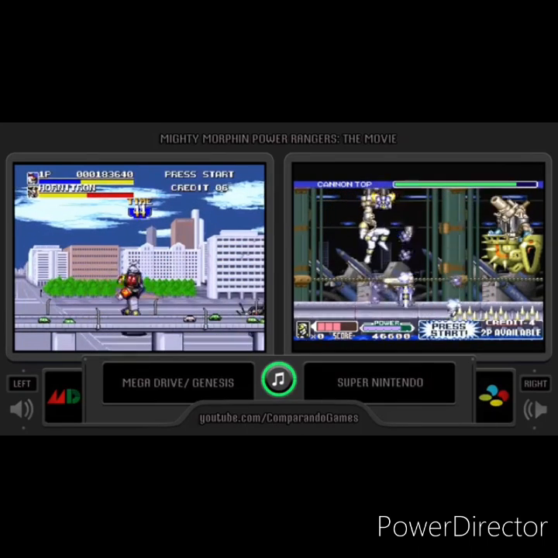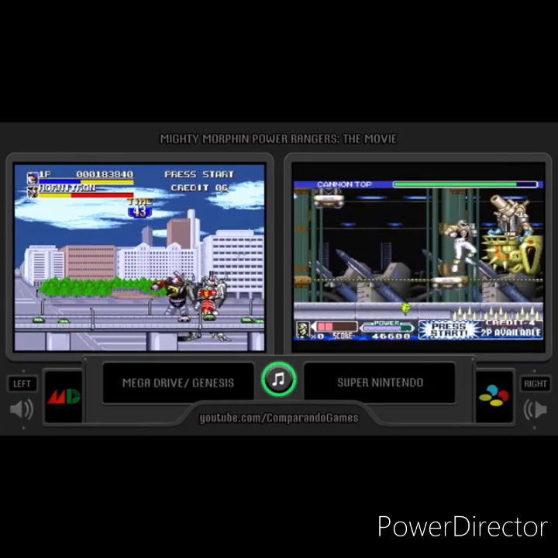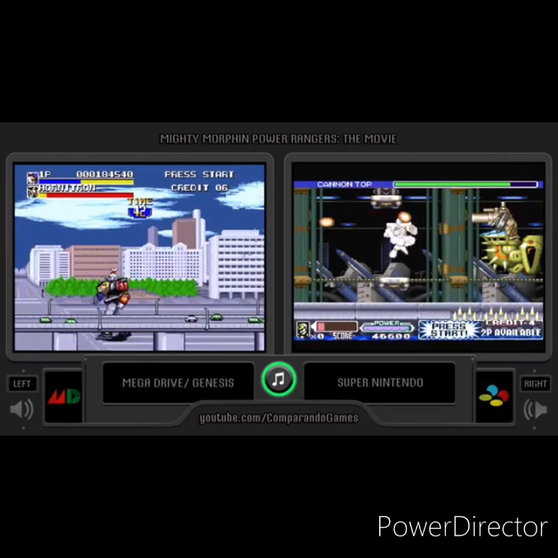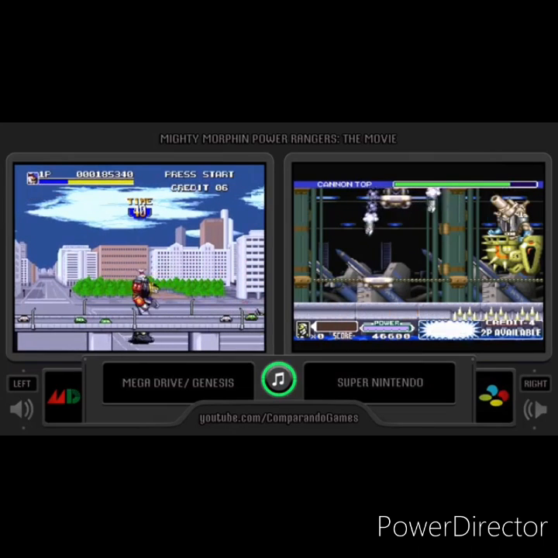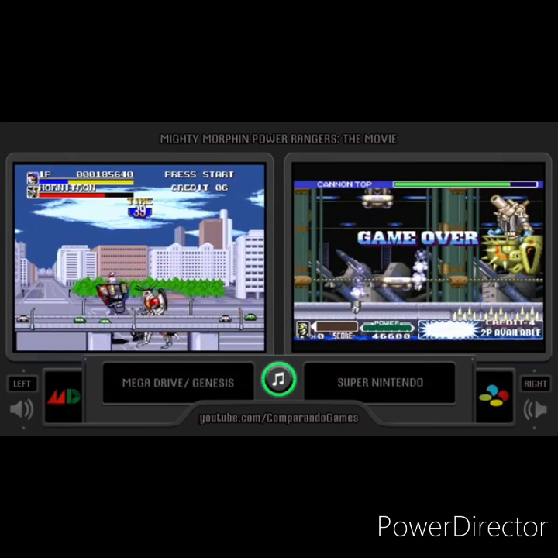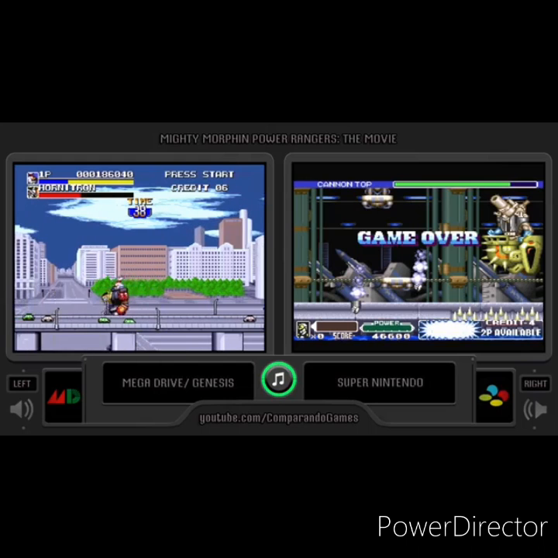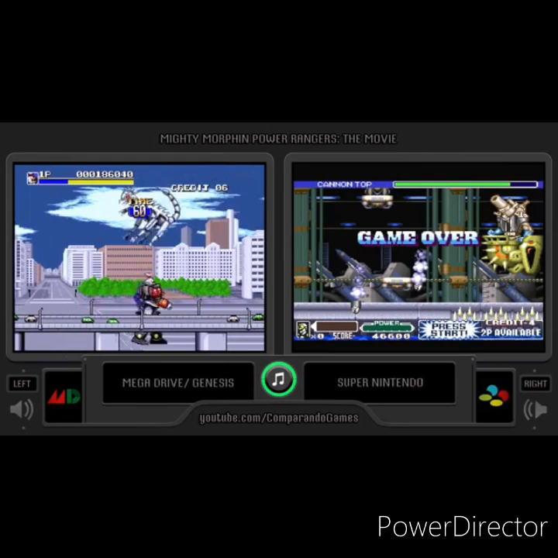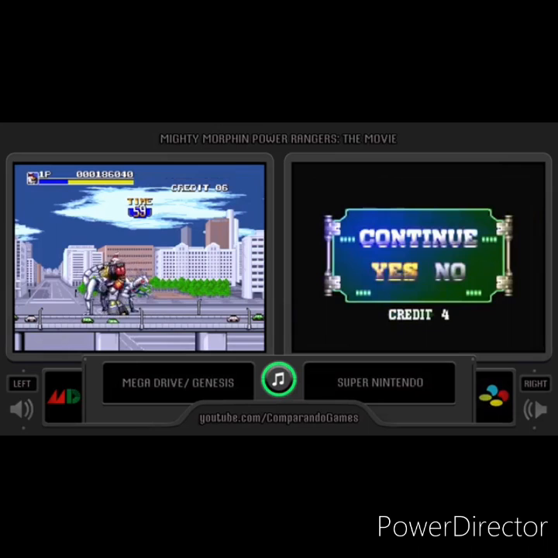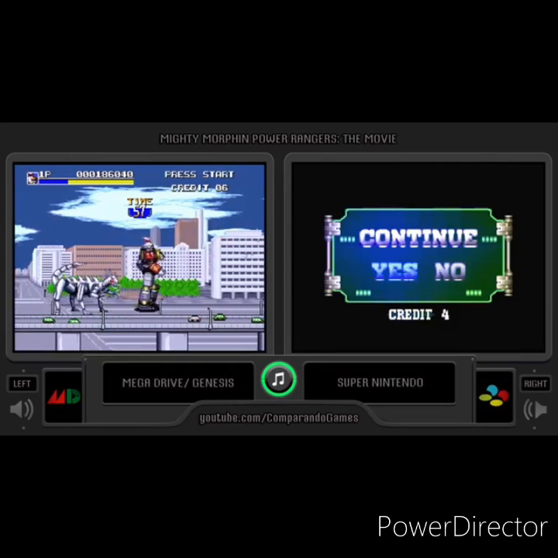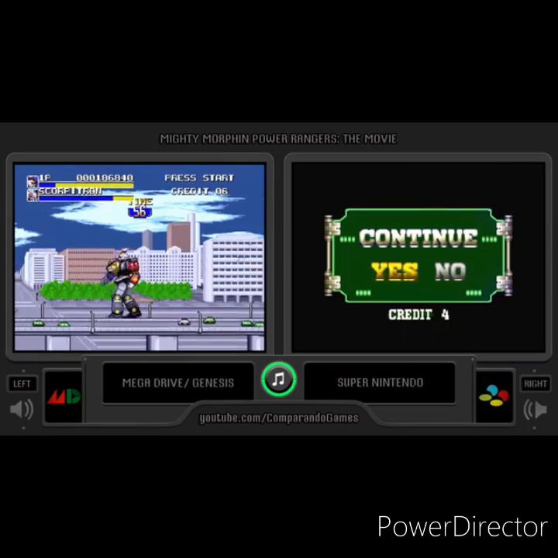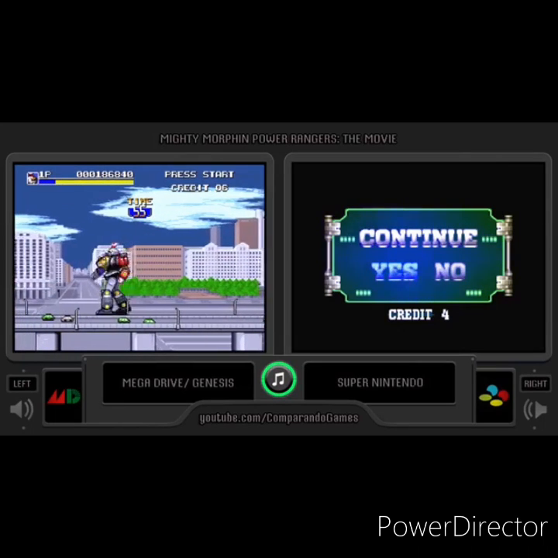And here's the other thing. This is the second level, and you still see the Rangers. Here we go.